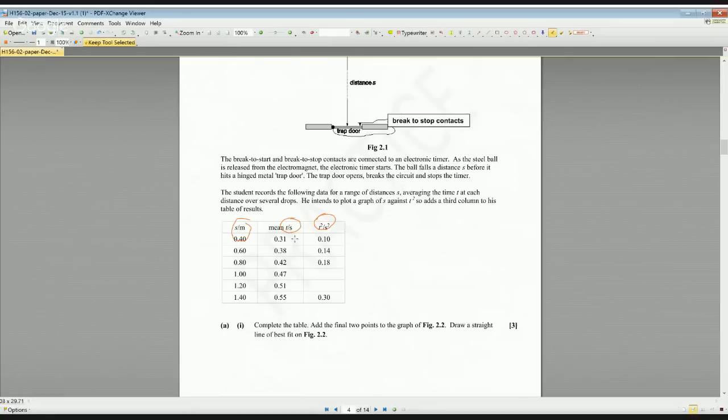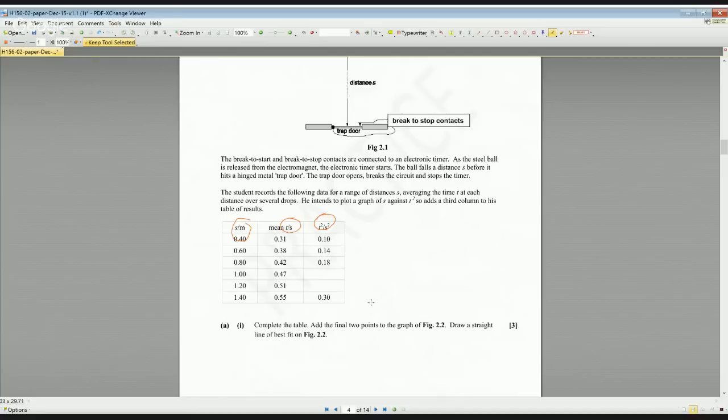This is time measured in seconds. This is time squared measured in seconds squared. I know that some students interpreted this as being t divided by s, thinking the s was the distance over here, and that caused an awful lot of confusion. So you will always see a slash. I don't know why they use a slash and not brackets, but they use a slash to separate the quantity from the unit. So just be aware of that.